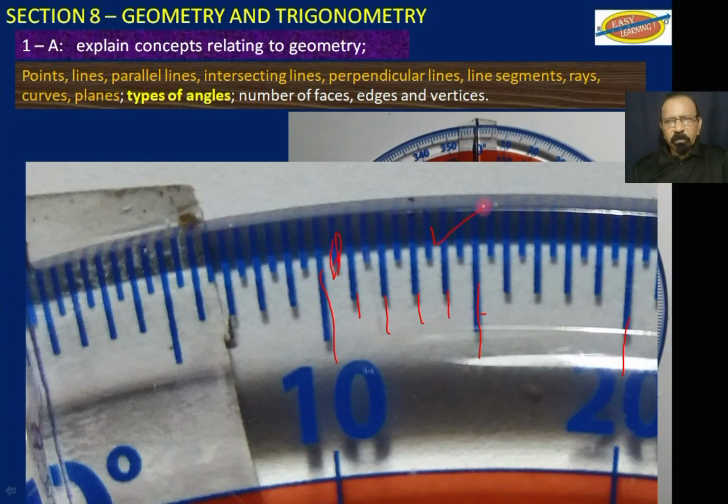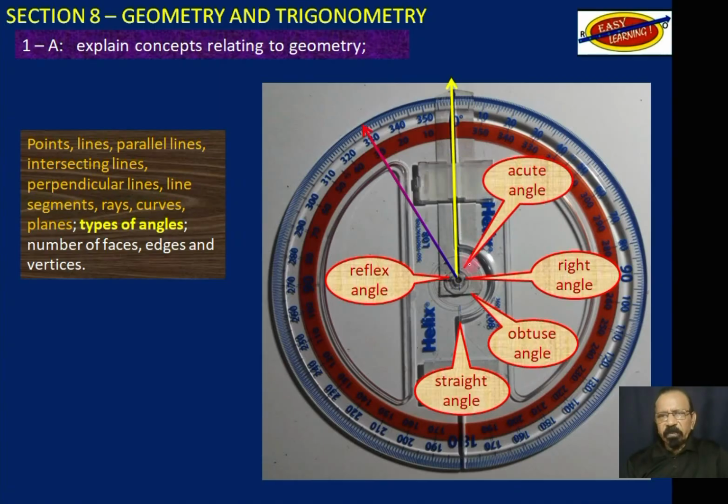But you wouldn't normally be using such a protractor. As we look here, we could see acute angle less than 90 degrees, right angle exactly 90 degrees, obtuse angle between 90 and 180, reflex angle over on this side here, which would be greater than 180.